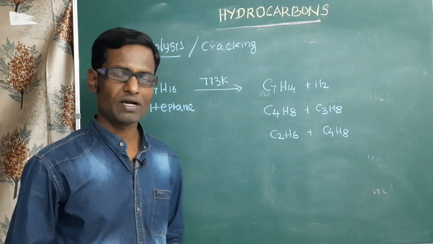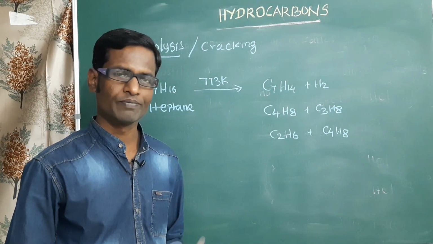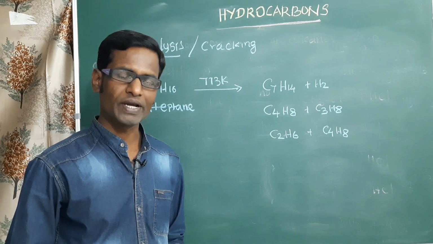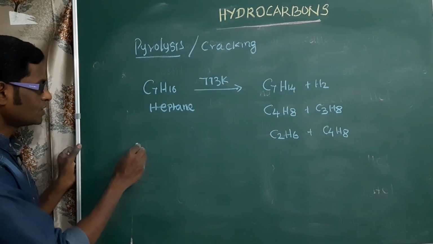Like this, higher hydrocarbons can be split into lower hydrocarbons. This process is called pyrolysis or cracking. Next chemical property is isomerization.